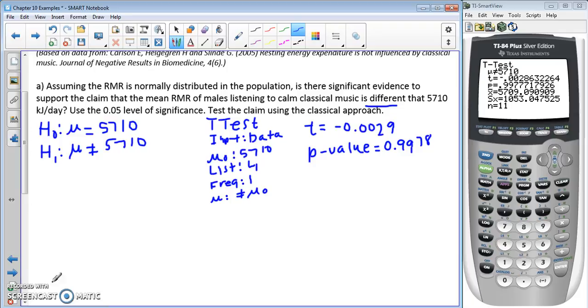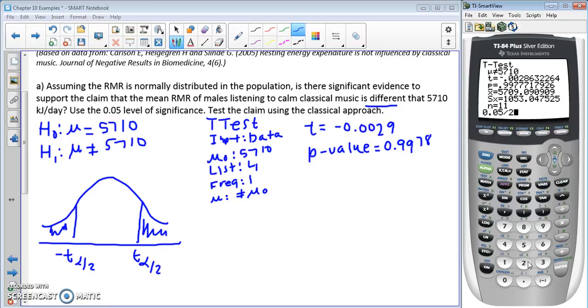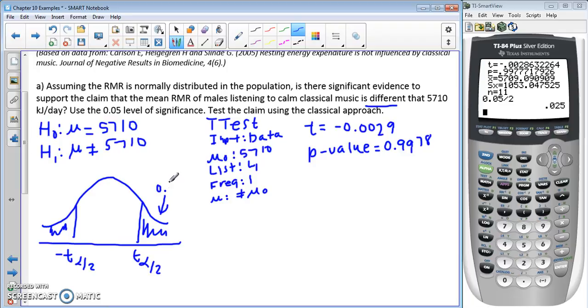So, draw out our curve here. We have 2 critical regions since we're dealing with a two-tailed test. And it's a t-test, so we have a t-distribution, so negative t sub alpha over 2 and positive t sub alpha over 2. We want to take our alpha, which is our probability of making a type 1 error, and split it in half, and that tells me how much is in each of our tails.